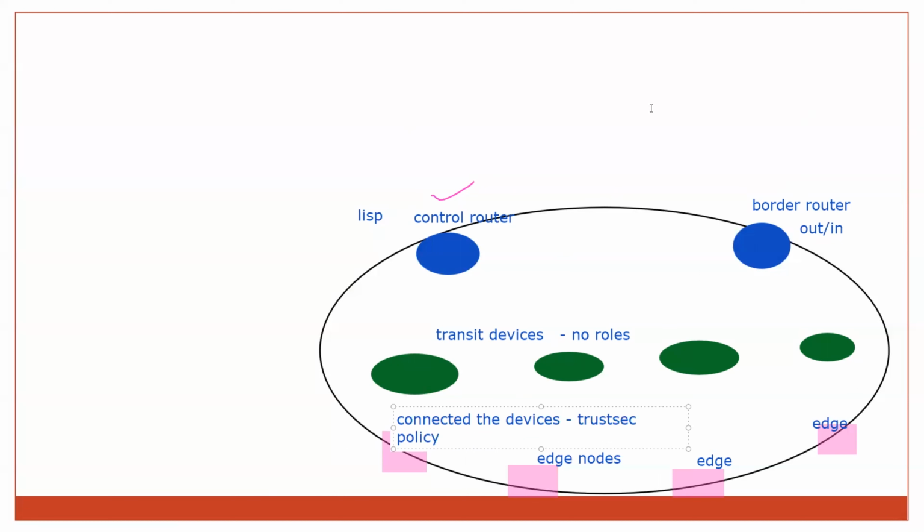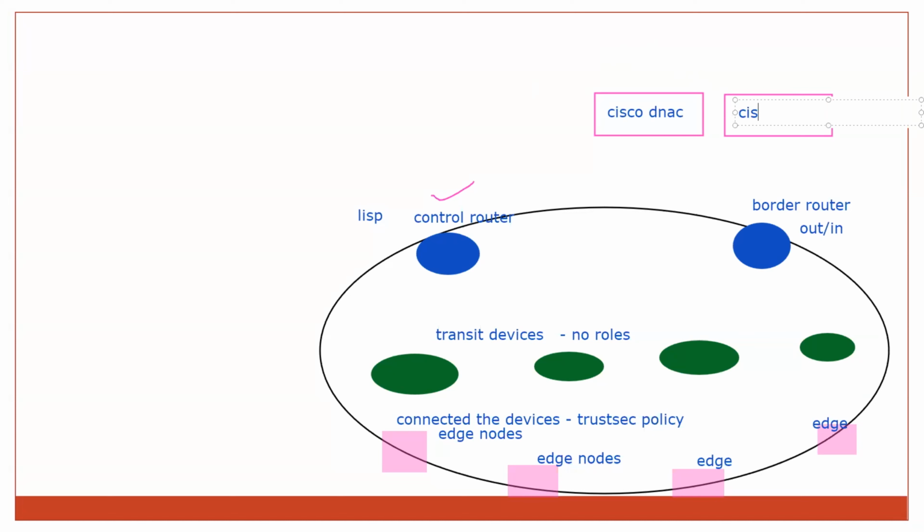Now this complete fabric is connected with the management plane, and your management plane is Cisco DNA. Then this complete fabric is connected with the policy plane, and your policy plane is nothing but Cisco ISE, Identity Services Engine.